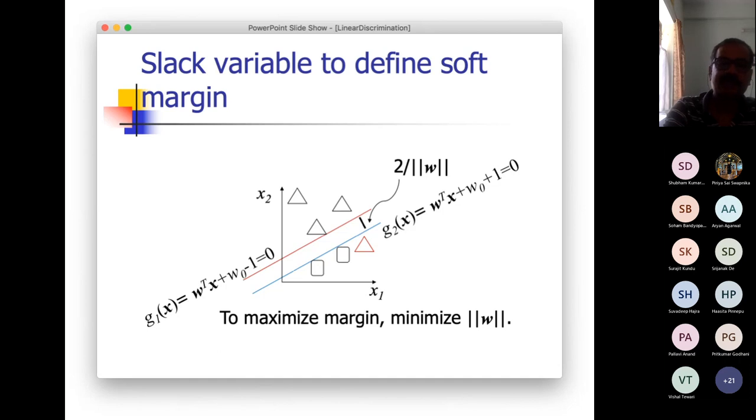In this diagram, we have tried to explain this particular thing. As you have seen in the normal linearly separable cases, we consider a hyperplane with a normal in a direction. As you can see, this is the normal to the hyperplane, and then there are two parallel hyperplanes in the same direction, which are just touching some of the samples that lie on those hyperplanes.